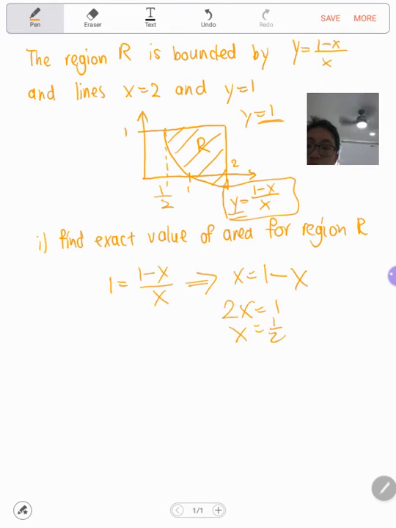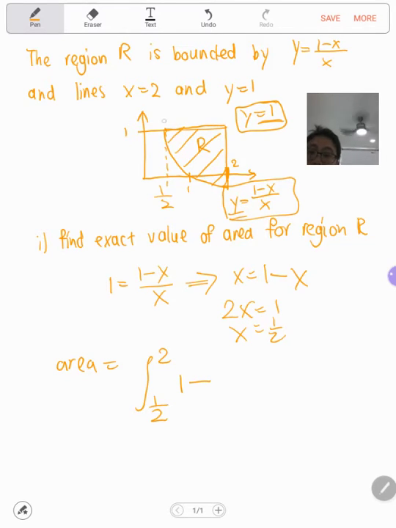So to get the area of region R, I integrate from the x coordinate half to the x coordinate 2, which is here. I take the graph y equals 1 on top, minus the curve below, (1 minus x) over x, dx.